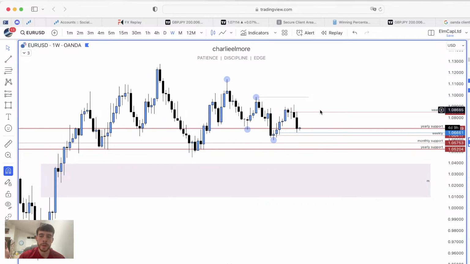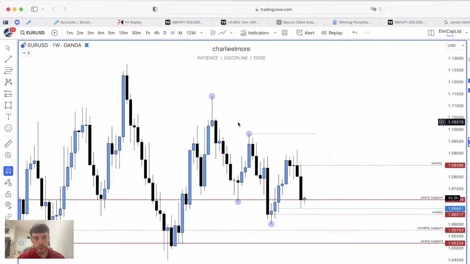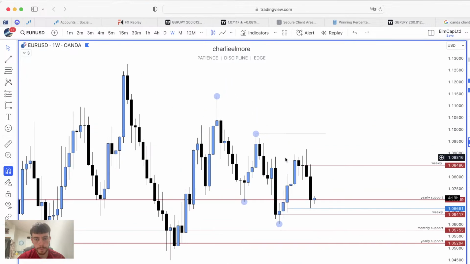For price to go up, it will have to print bullish structure, higher highs, higher lows. So this just happens to be lower lows, lower highs right now. And obviously we are currently within here. And as I've said, we've just reacted from, or come down into, sorry, I should say, this yearly support right there. So we could really start to continue to the upside.